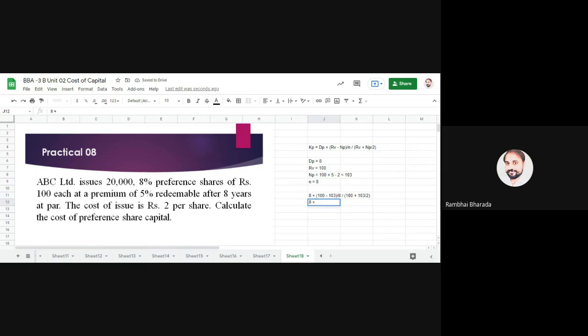So 8 plus, in a bracket, minus 3 divided by 8, and entirely divided by 203 upon 2. 8 plus 3 upon 8. How many? 3 upon 8.